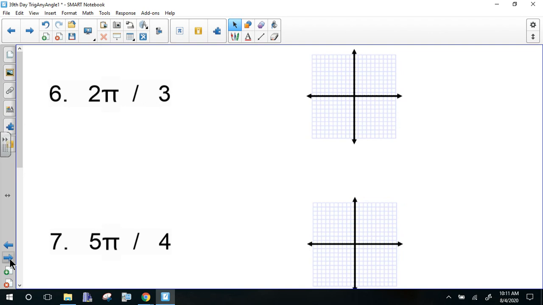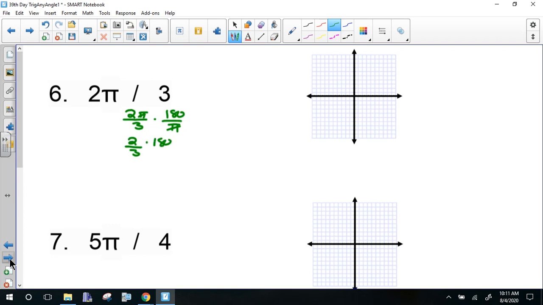Two pi over 3. I multiply by 180 over pi, I get 2 times 180 divided by 3. 2 times 180 is 360 divided by 3. It's at 120 degrees.